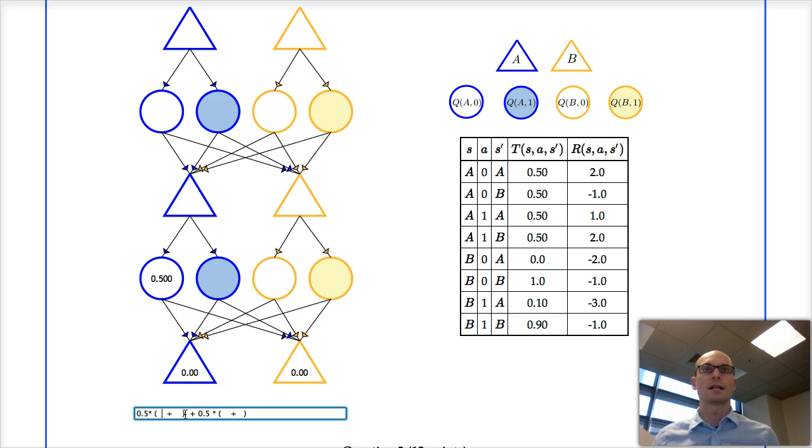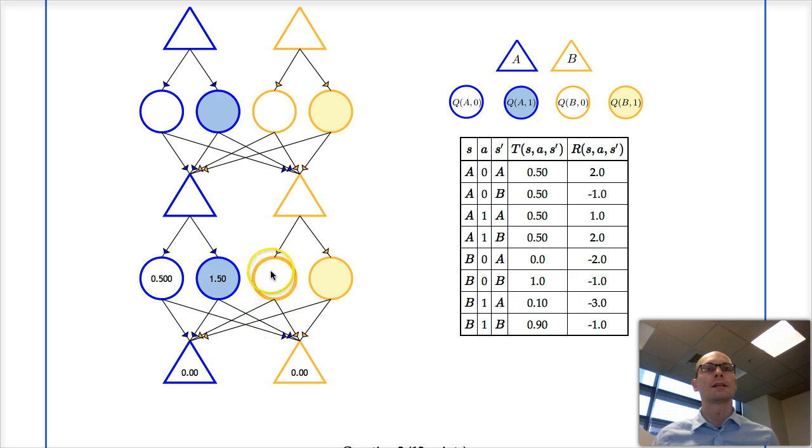To go from A with action 1 into A, that's this row over here, we get a reward of 1. Landing in state A with 0 steps left gives us a value of 0. Then if we were to go to B, we get a reward of 2.0, and the value at the next state is 0.